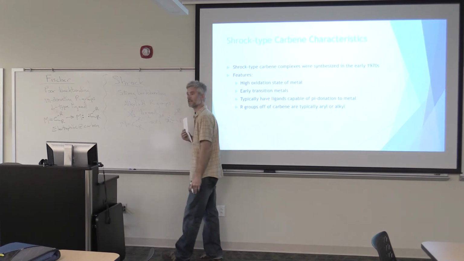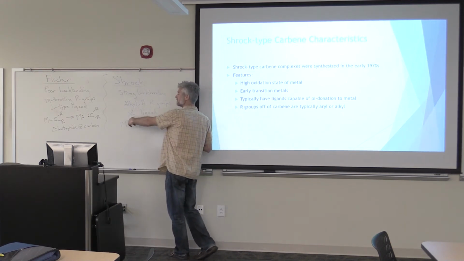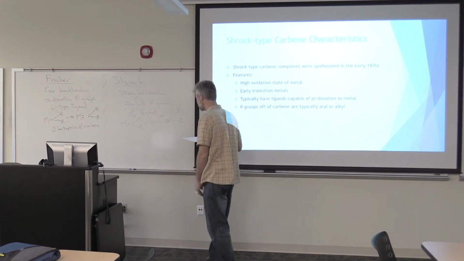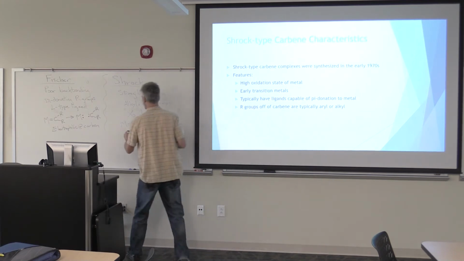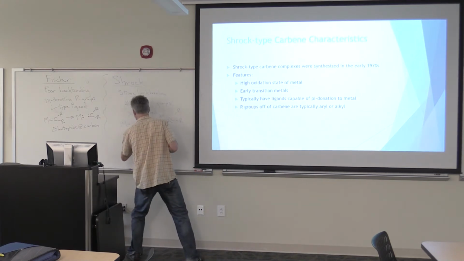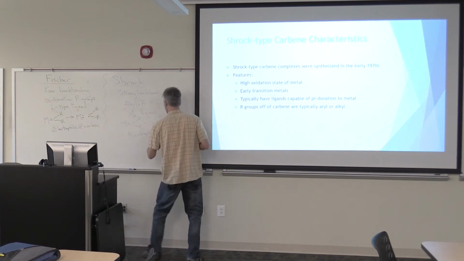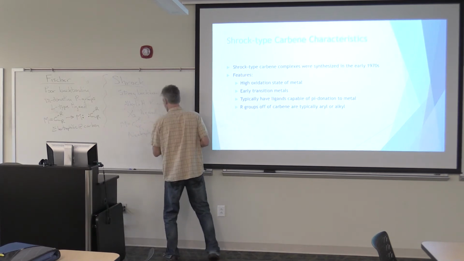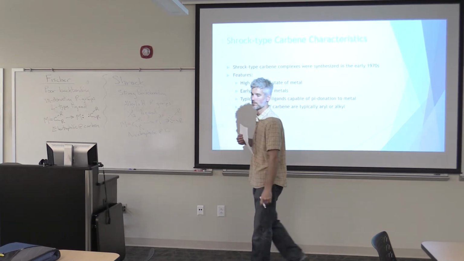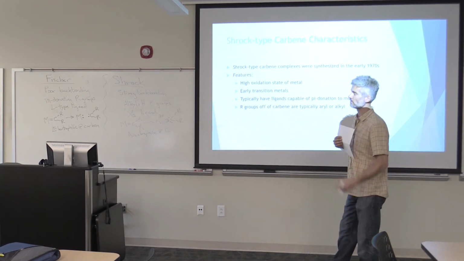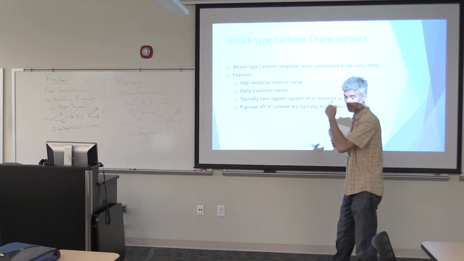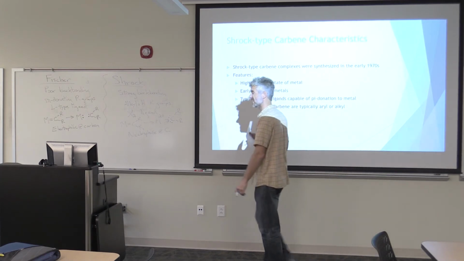And so it has that -2 charge, which makes it an X2 ligand. Unlike the Fischer types, it's exactly backwards. So instead of being electrophilic at the carbon and carrying a positive charge, it's going to be nucleophilic and carry a negative charge.